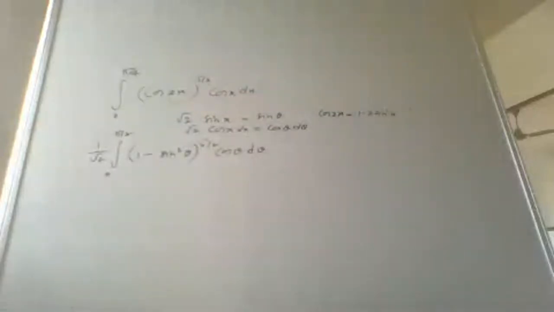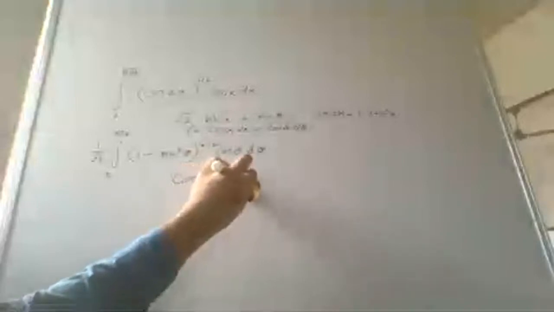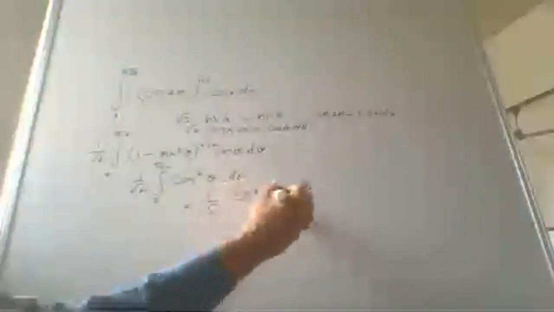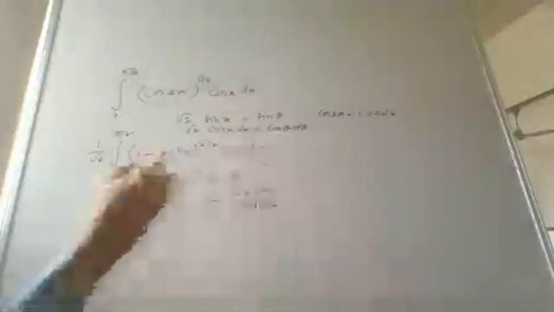This is cos square, so the 2 gets cancelled, cos power 5 and cos power 1, so it becomes cos power 6 theta d theta. So this is 1 by root 2, 0 to pi by 2, so 5 into 3 into 1 divided by 6 into 4 into 2, multiplied by pi by 2.